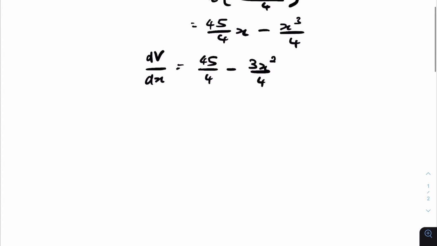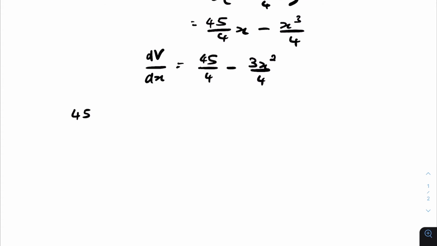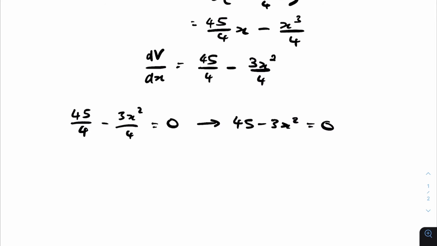So 45 over 4 minus 3x squared over 4 is equal to 0. I'm going to multiply everything by 4 to get 45 minus 3x squared is equal to 0, which means that 3x squared is equal to 45, x squared is equal to 15, and x is the square root of 15.